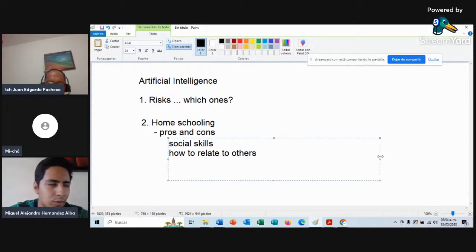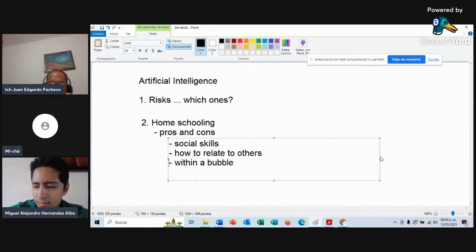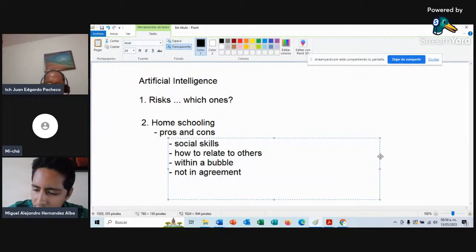But if you go outside of this bubble, you're going to meet people who are rude, who probably won't agree with you. I think it's necessary that kids have this experience, because in homeschooling they are in a completely different context than in a school with hundreds and thousands of people, you know.